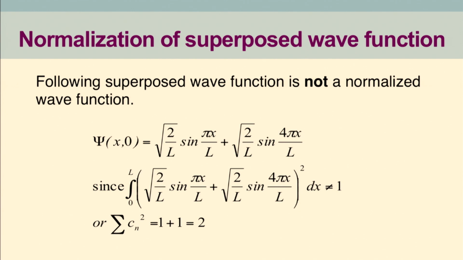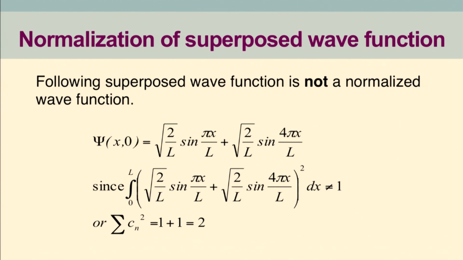Now the question is, when I superpose different wave functions to form a general superposed wave function, it may not always be normalized. For example, the first equation here, psi x0 equal to root 2 by L sine pi x by L plus root 2 by L sine 4 pi x by L, is actually not normalized, the reason being that if you take the integration of psi star psi dx, it is not equal to 1.